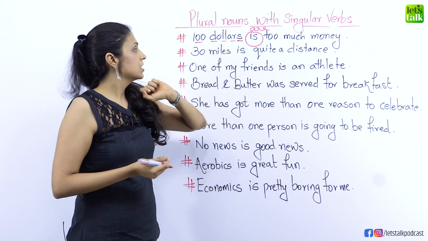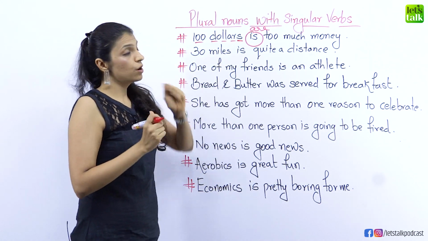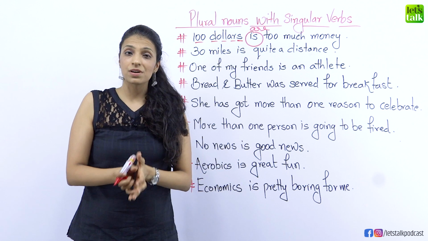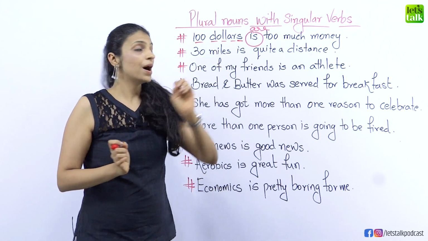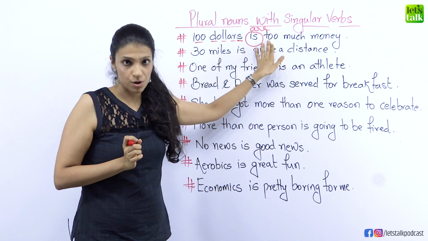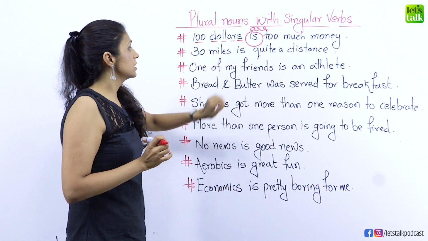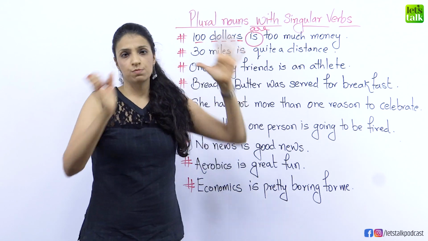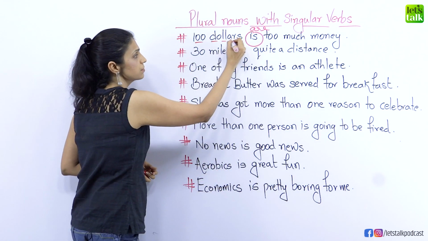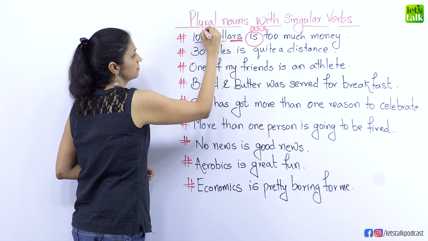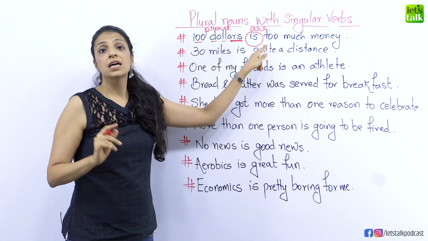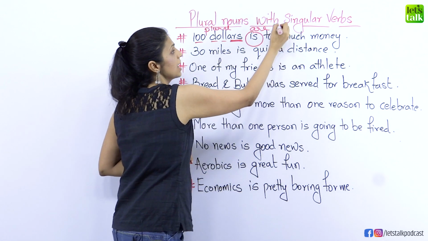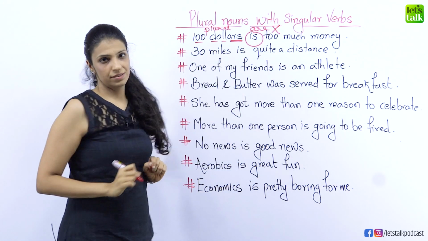But in this case, it's a little different because when we talk about a quantity or an amount, it is always followed by a singular verb, okay? I cannot say $100 are too much money. Though this is plural, it is always followed by a singular verb is and not are.